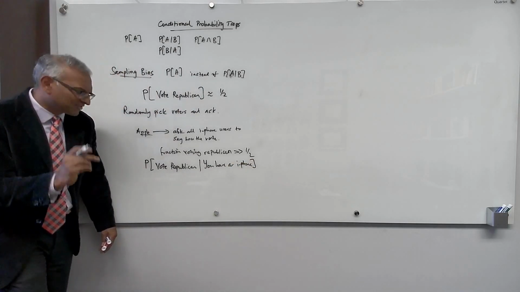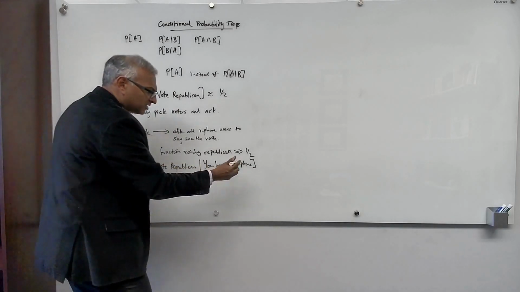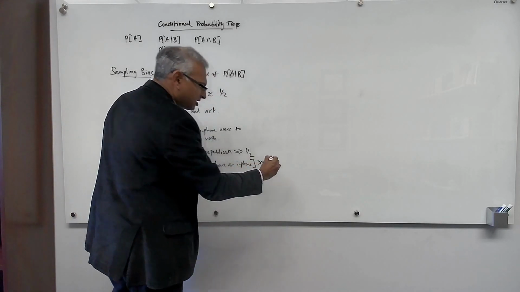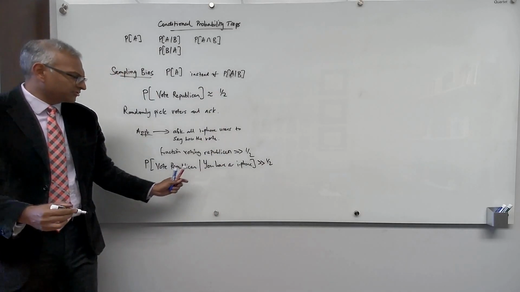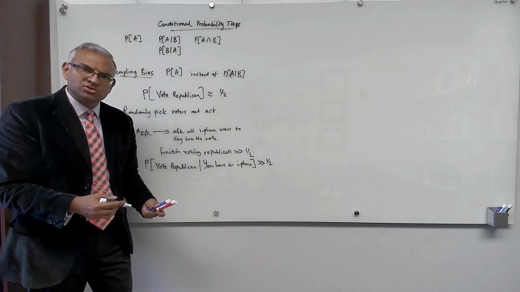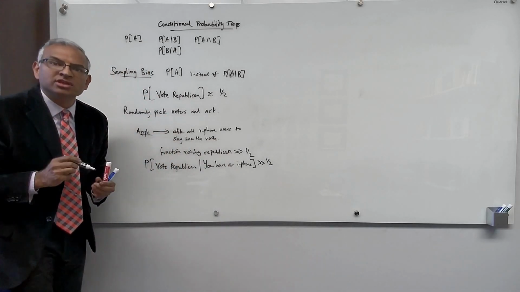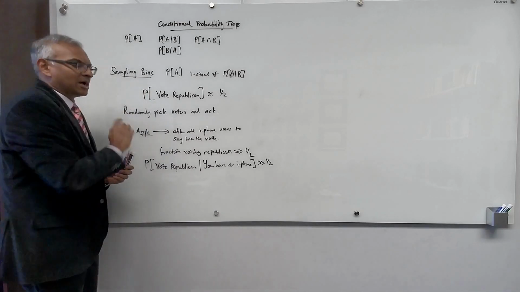That's a very subtle piece of conditioning, a subtle piece of new information. It turns out that this number is much, much greater than a half. And so you'll make this mistake of thinking that there are way more Republican voters than there actually are, because the way you sampled voters has biased you towards owners of iPhones. That's why it's called sampling bias.